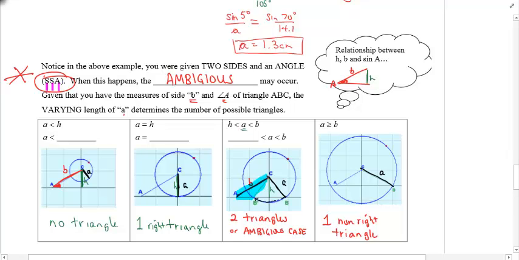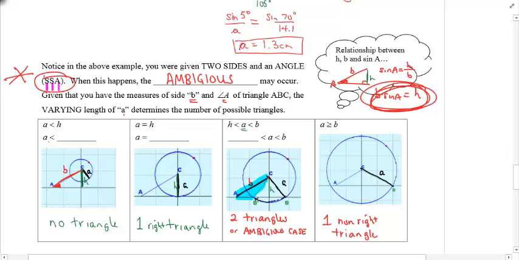And if I asked you to find me a relationship connecting all these three things, you would say from your SOHCAHTOA days, sine A equals H over B. And if I ask you to solve for H, then H equals B times sine A. So many textbooks will now replace H with B sine A.